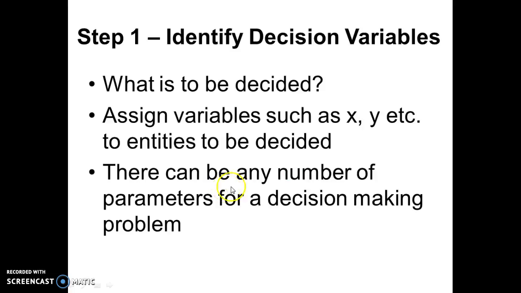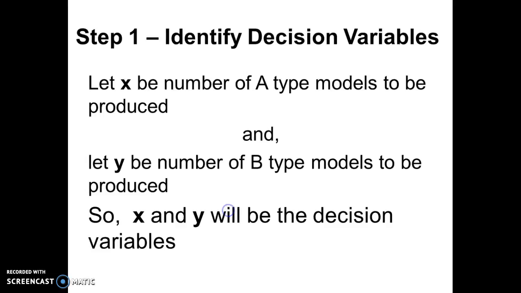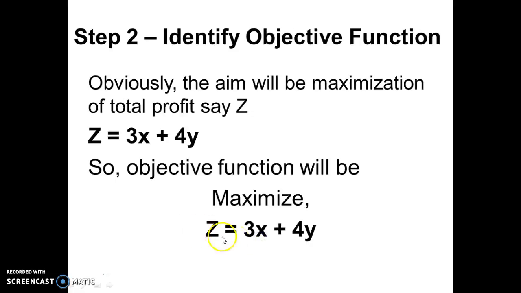In real life, there can be any number of variables. However, in the present problem, there are only two variables to be decided, and let x be the number of A-type models to be produced, and let y be the number of B-type models to be produced. So x and y will be the decision variables in the present problem.